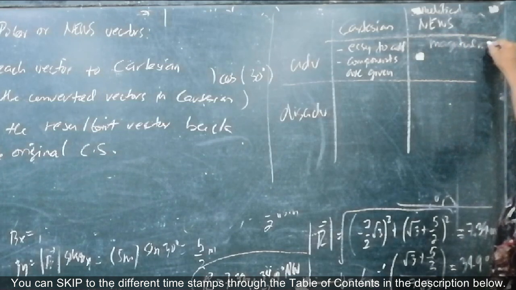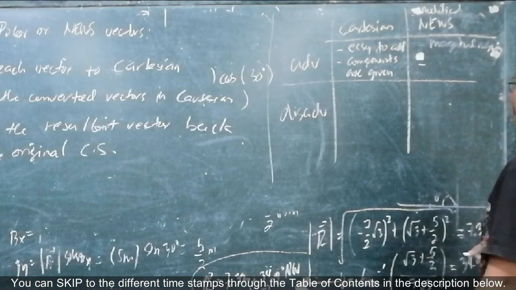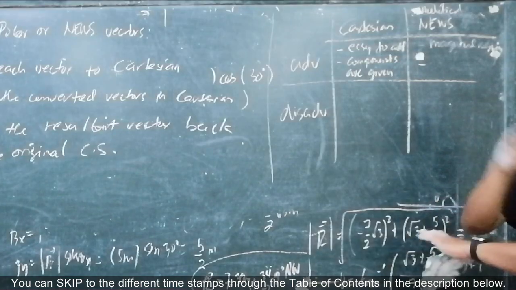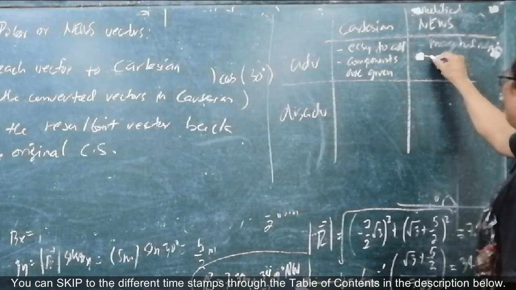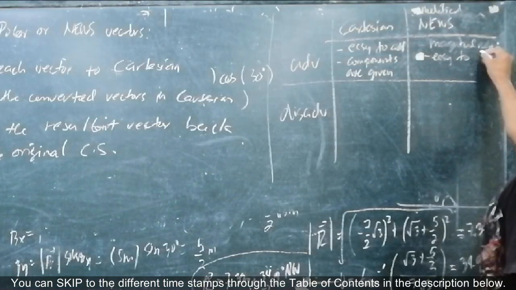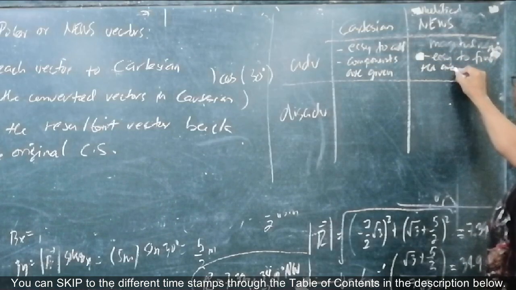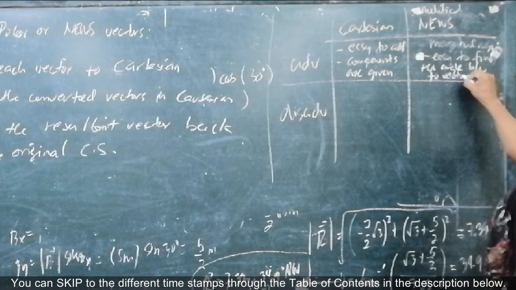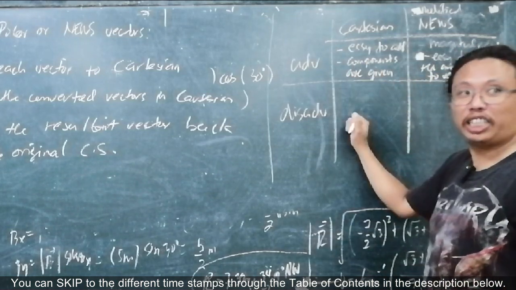And of course, you can find the angle. An angle is given. Easy to find the angle between two vectors.